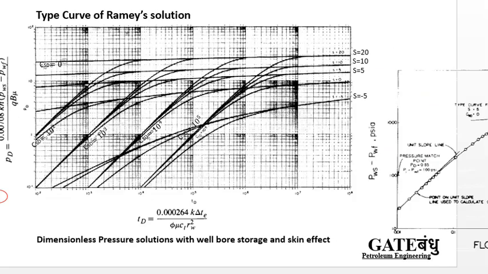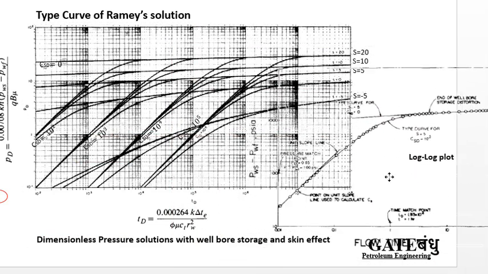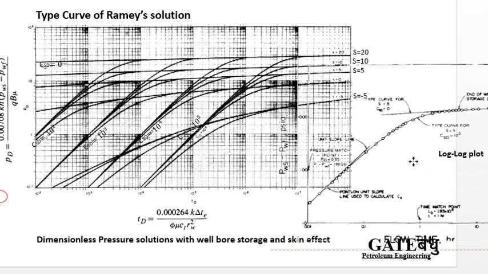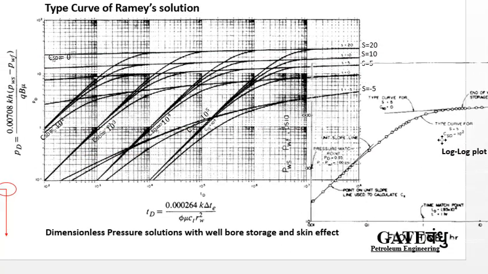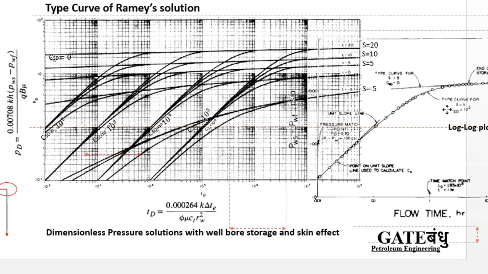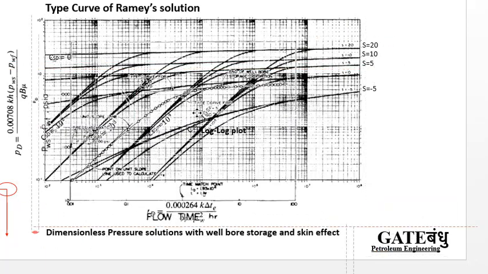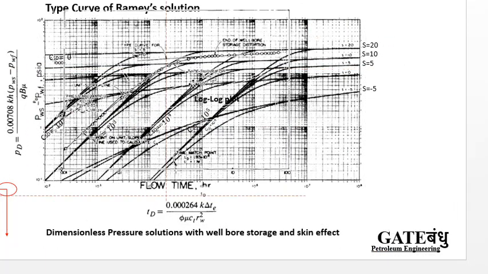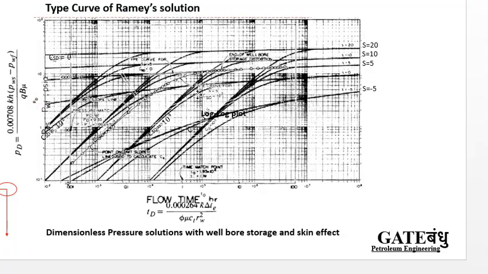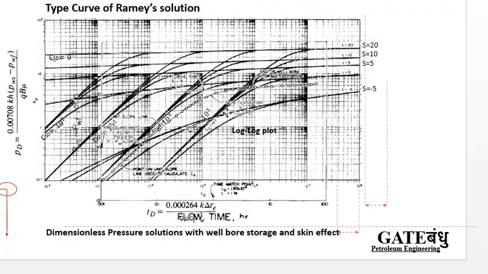Here, this is one kind of Ramey solution, and this is the actual pressure data plotted between delta P versus delta T, either flow time or shut-in time. What we do is try to match it over this standard Ramey solution, the standard type curve.